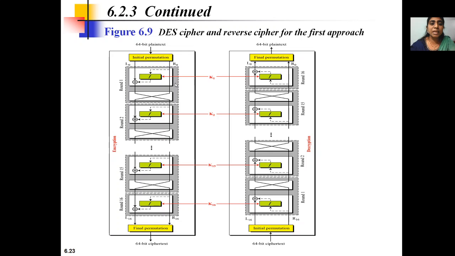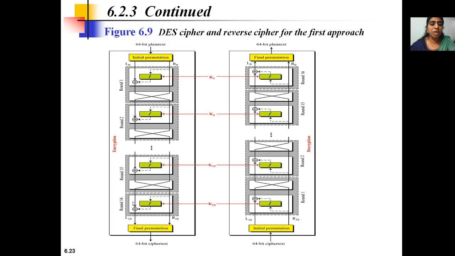So let us see how the cipher and the reverse cipher of the first approach is performed. Initial 64-bit plain text, then we perform initial permutation, then left side bits, and we are going to take the right side bits, do the function, then XOR with the left side bits, then this is taken as the right bit for the next round, and directly the right side bits are taken as the left bits for the next round.